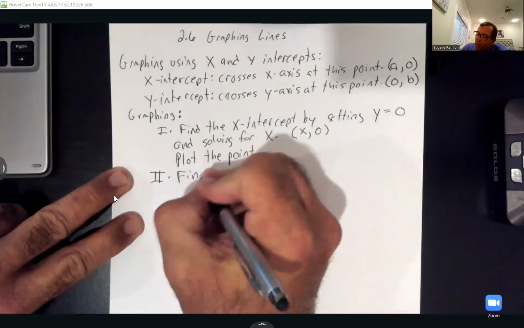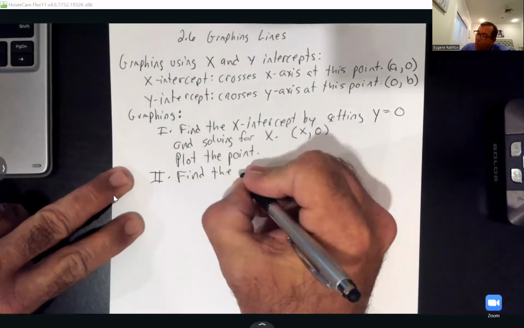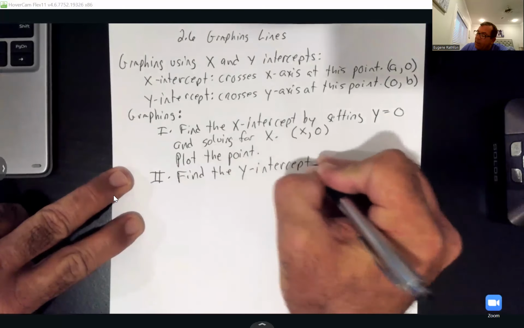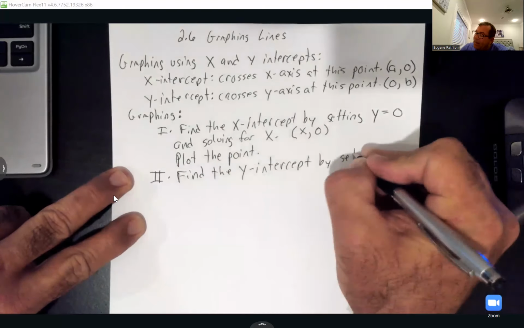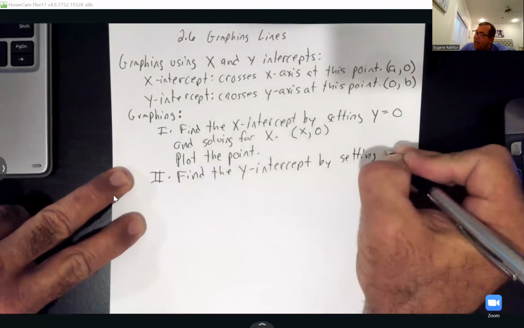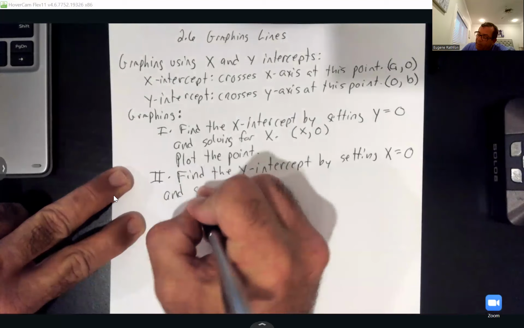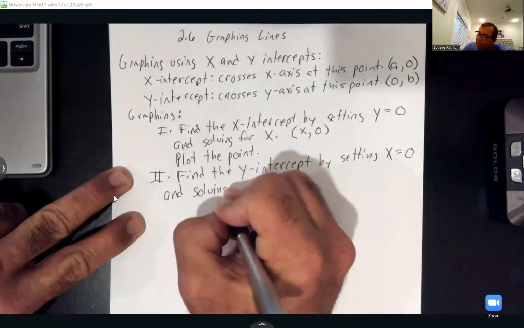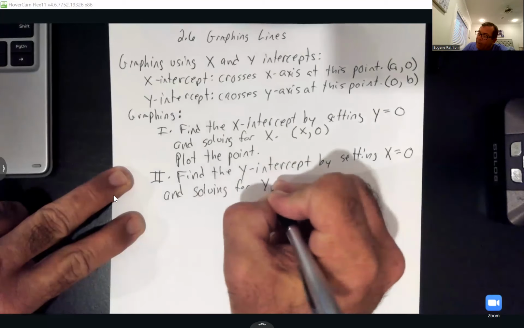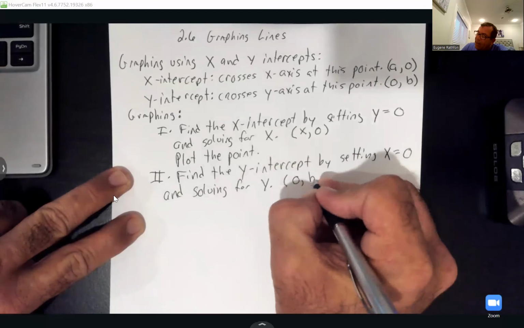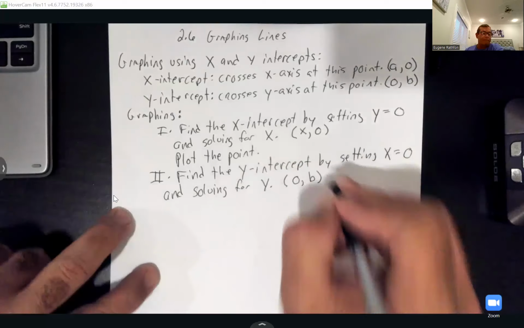So to get the second point, I'm going to find the y-intercept by setting x equal to 0 and solving for y. That point will be 0 for the x and then some number for the y.